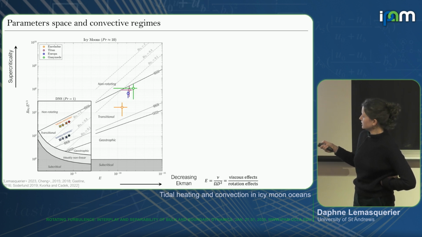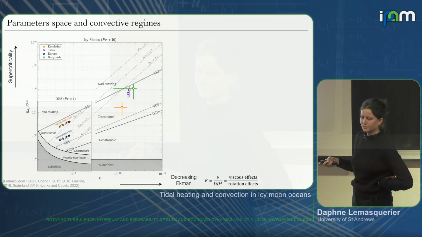So in the icy moon parameters, you could be in a transitional or non-rotating regime with a convective Rossby number of 0.1. If you use the DNS parameters, if you're in the transitional regime, the Rossby number is of order 1. So if someone has a strong opinion on how we should pick the correct parameters to be in a regime that we think is relevant to icy moons, I'd be very happy to have it. Yes.